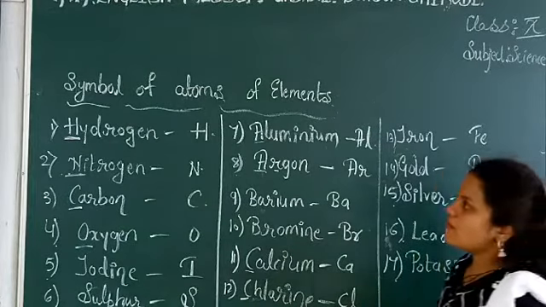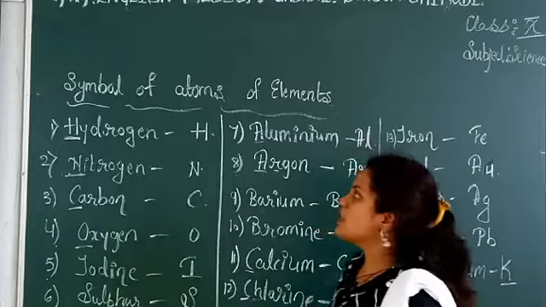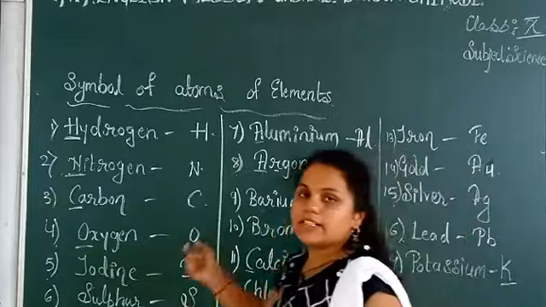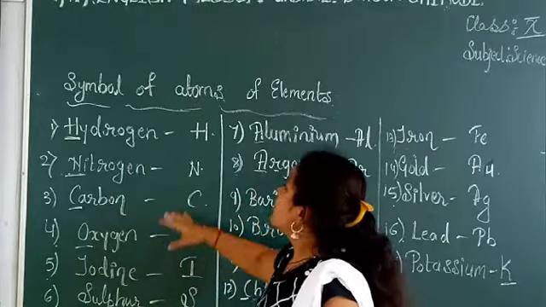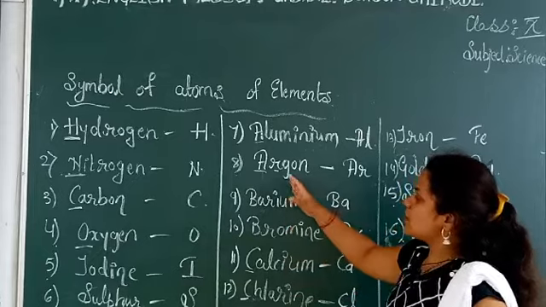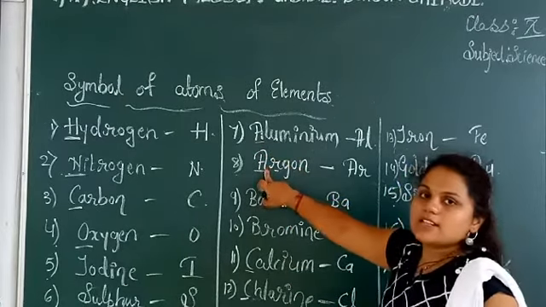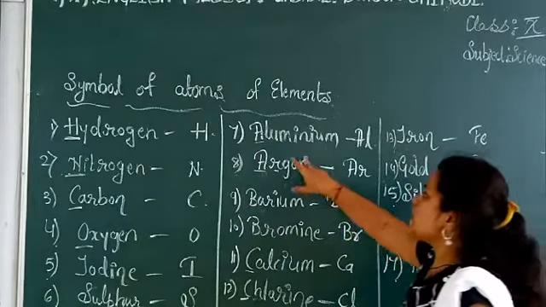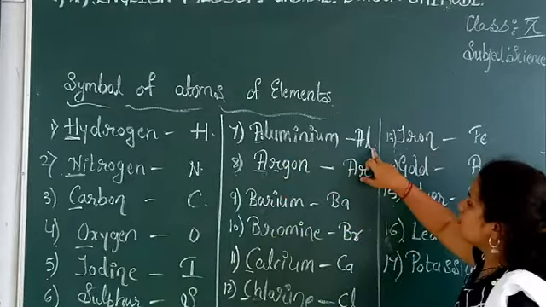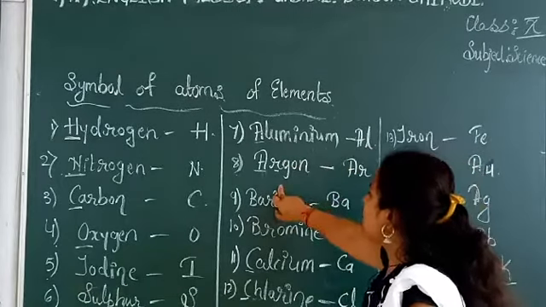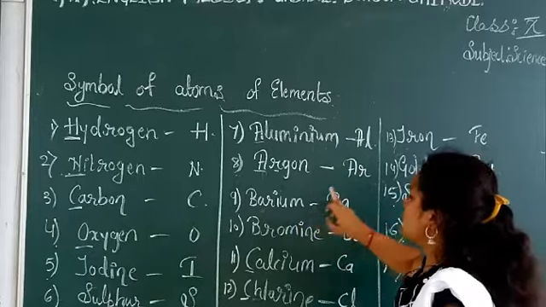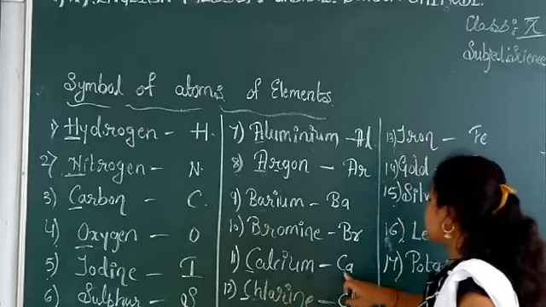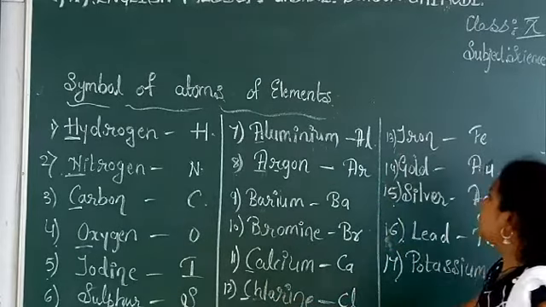So how are you going to symbolize the elements? First, you have to use the capital of the first letter. In a few examples the first letters are the same, so we have to prefer the second letter of the element. That's why aluminium is represented by Al, argon by Ar, barium by Ba, bromine by Br, calcium by Ca, and chlorine by Cl.